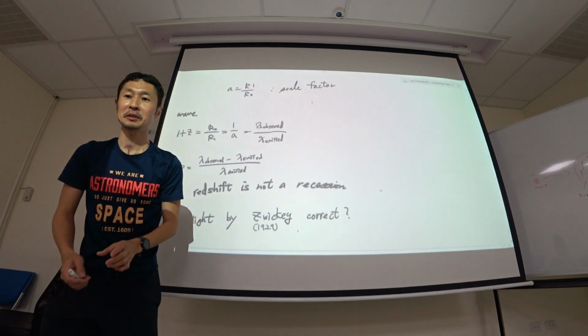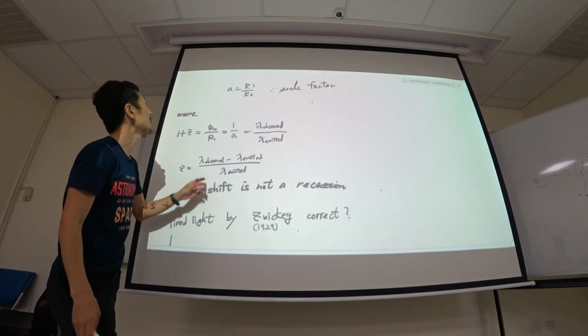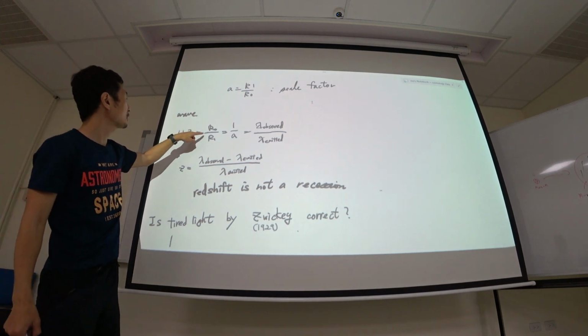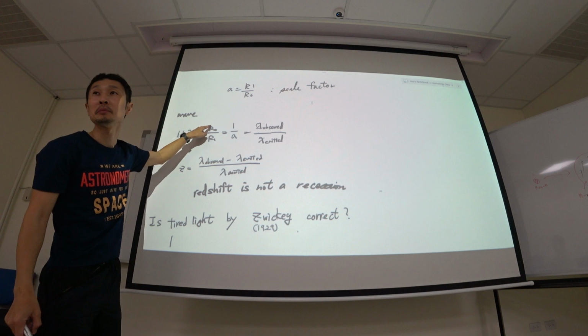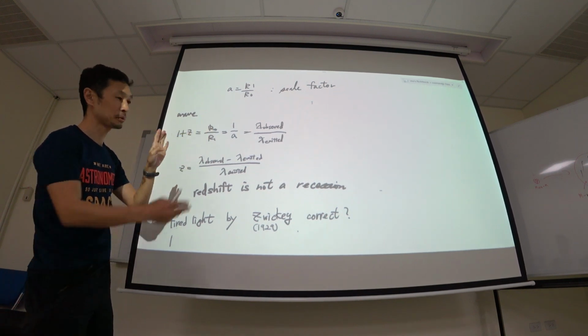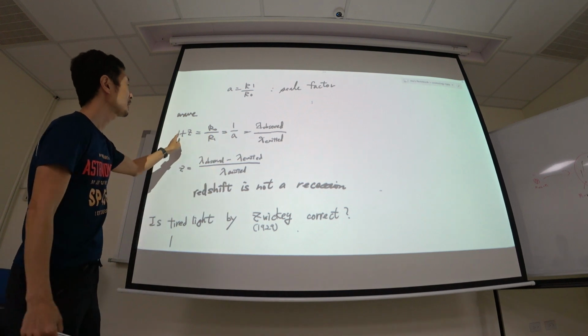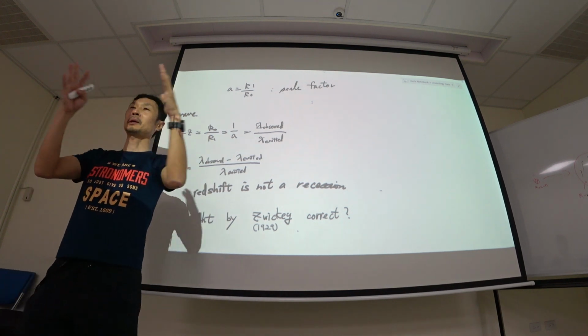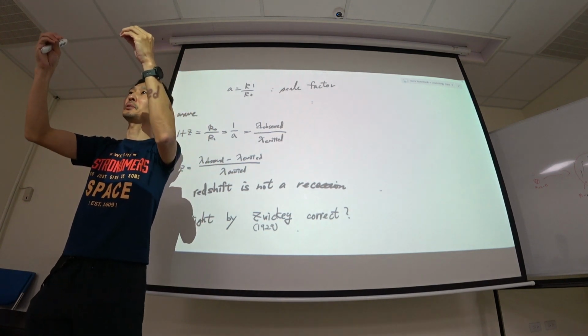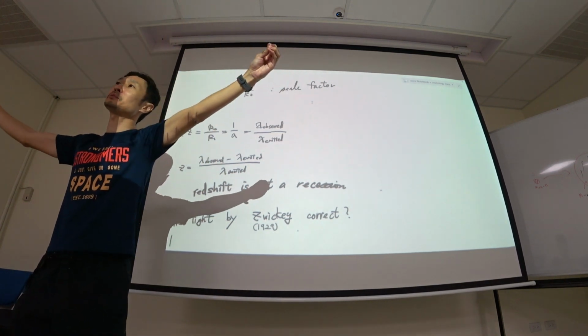Then the definition of redshift, we should talk about it. One way to define it is the ratio of the scale factor, current and then the scale factor at that time, so the distance ratio. Also, because of the expansion of the universe, the wavelength of the light gets longer, right? This is called redshift.